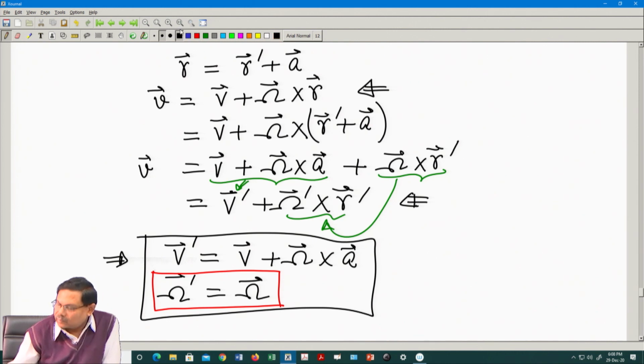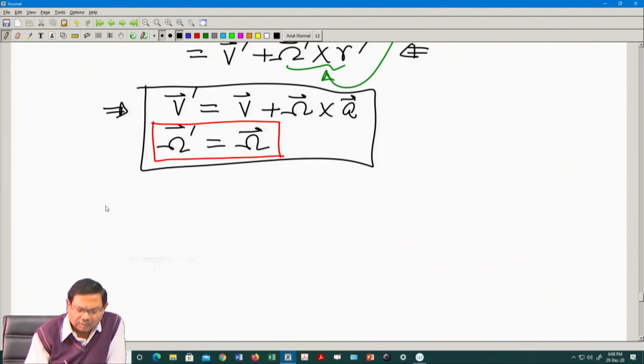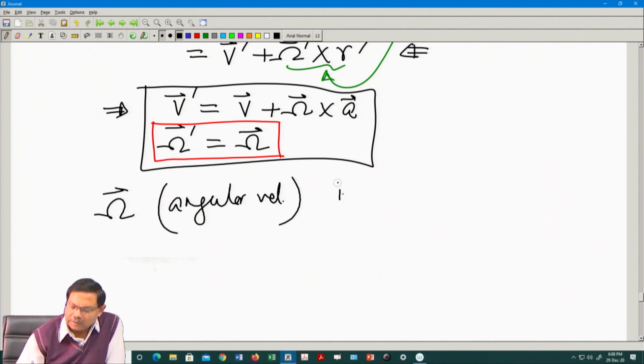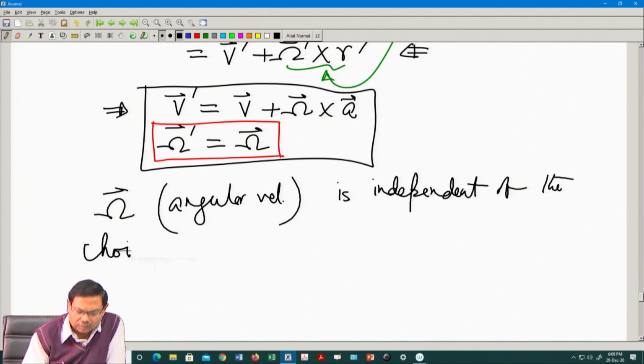What it is telling is that the angular velocity of a rigid body about an axis in the rigid body is independent of the choice of the origin. Omega, which is the angular velocity, is independent of the choice of the origin.